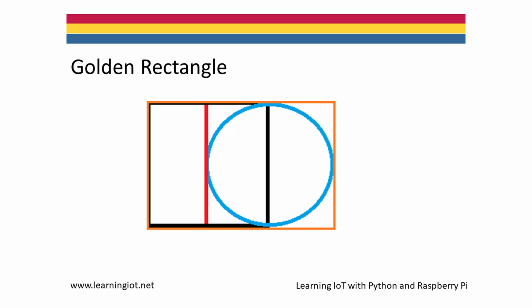In order to see a golden rectangle, take a square that's in black, divide it in half, the red line, add a circle of radius equal to the bottom dividing line to the top right-hand corner of the square, and then extend the rectangle to include the circle. There are other places where the golden ratio occurs, such as in decagons and pentagons.